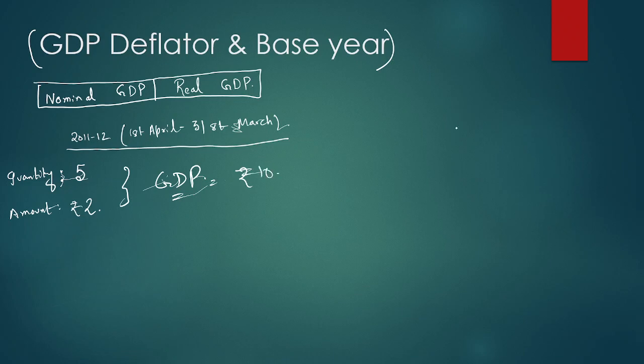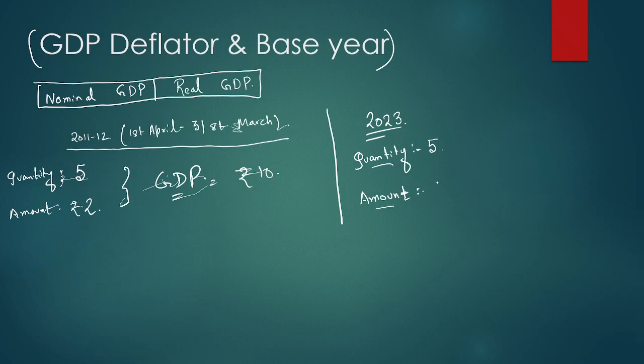Now you have learned. Now suppose in the year 2023, the quantity is 5 biscuits, but with inflation, you know what inflation is? The prices of things increasing. We'll read a vast chapter on inflation. How do we study WPI, CPI? They are enormously important for the prelims exam. Now the quantity and the amount.